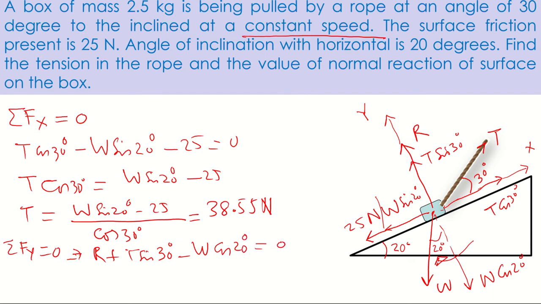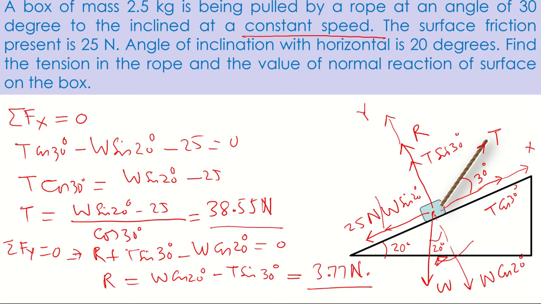So now you are supposed to find R. So R is equal to W cos 20 minus T sine 30. Using the value of W and T calculated earlier, you will get R as 3.77 Newton. Please double check this. If you find any issue, you can get back to me.